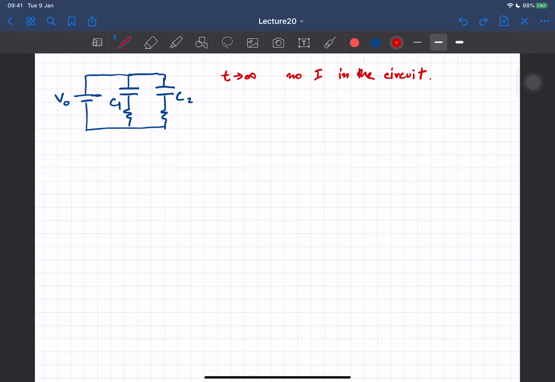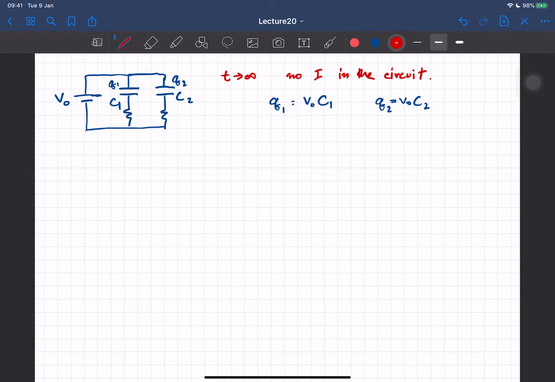Right. So if you want to find out what is Q1 on C1 and Q2 on C2, you can simply say Q1 is just V0 times C1 and Q2 is V0 times C2 like this. At the end, when time goes to infinity.